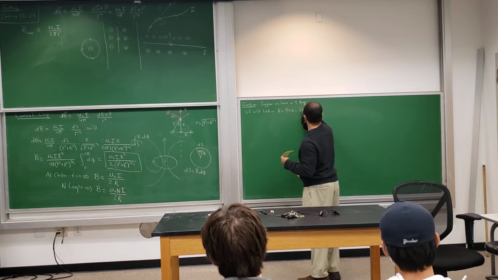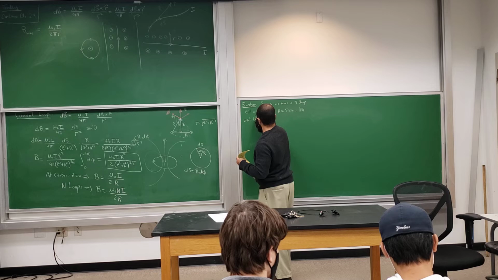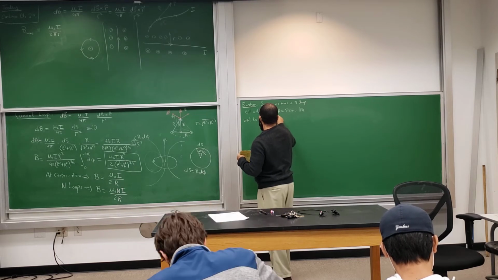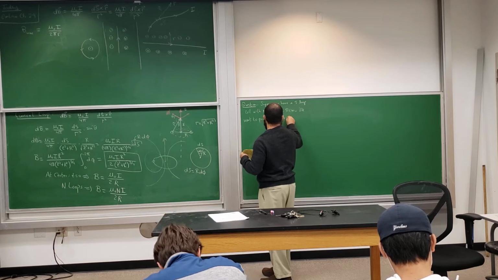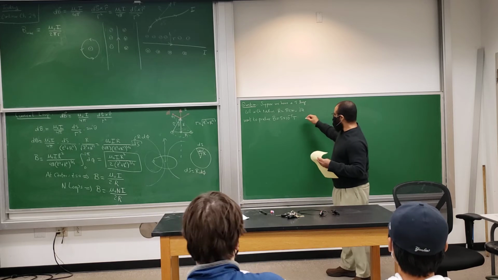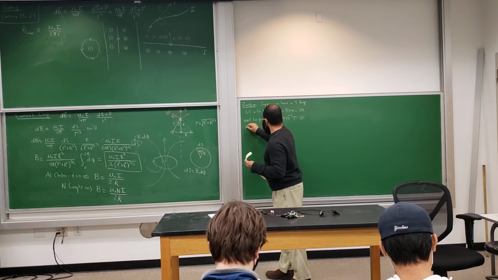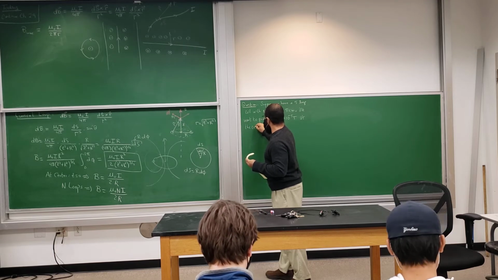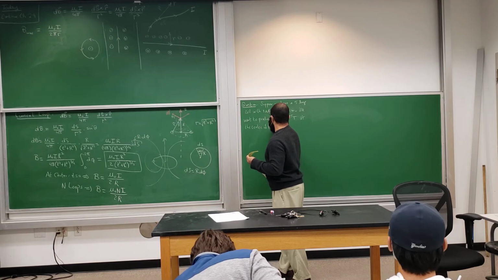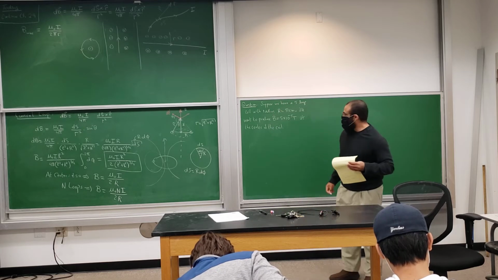We want to produce a magnetic field B equal to 5 times 10 to the minus 5 Tesla at the center of the coil. So that's the magnetic field we want to produce.